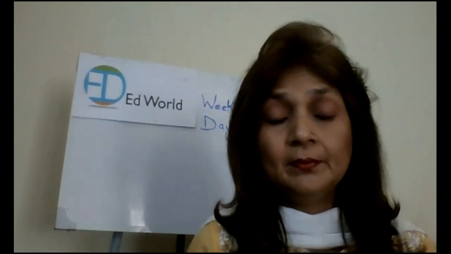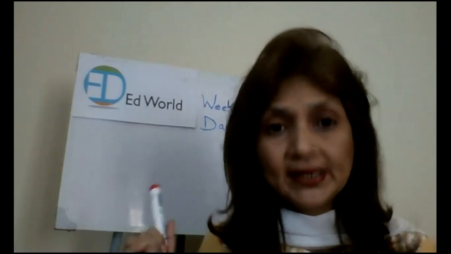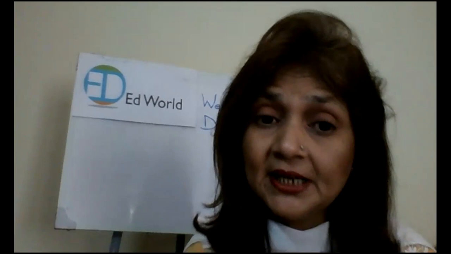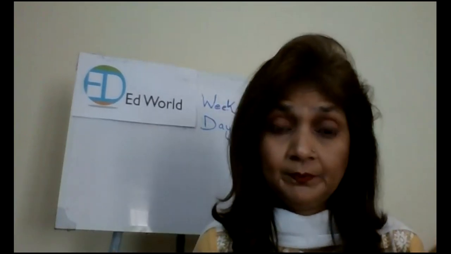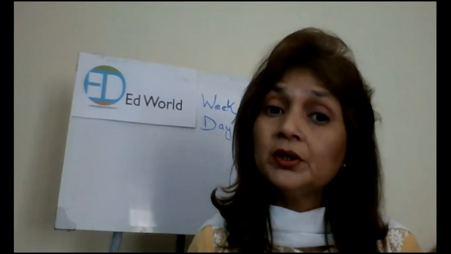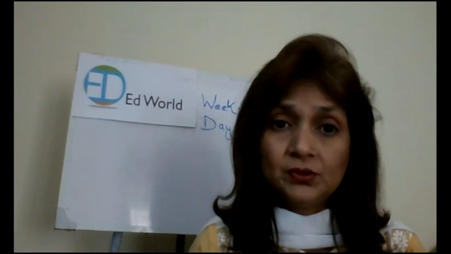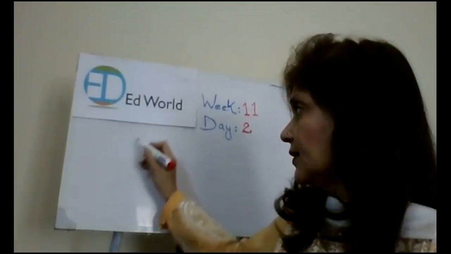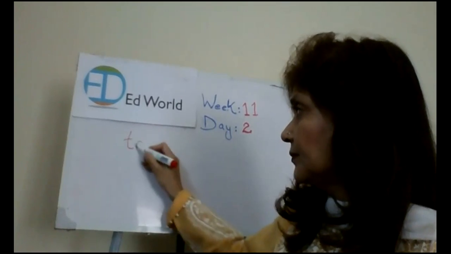Now I'm going to write some words on the board that could be nouns. And you are going to tell me how I have to write those nouns in plural form. Like what is the plural of those nouns, right? The first one is a table.